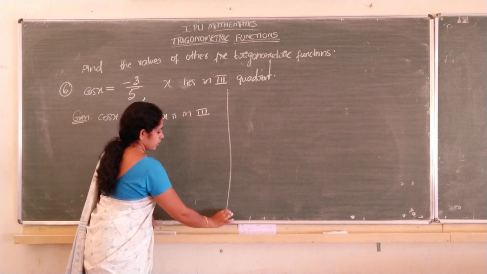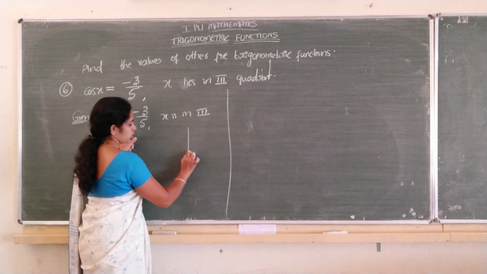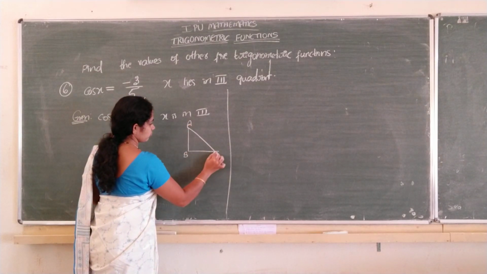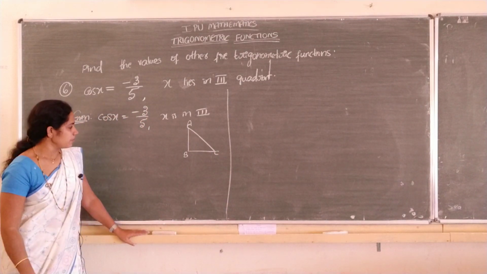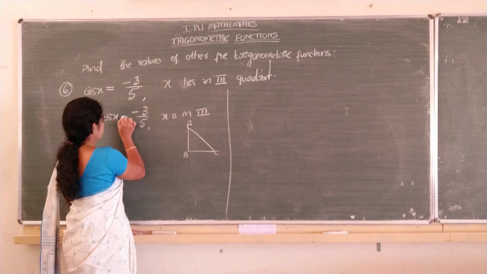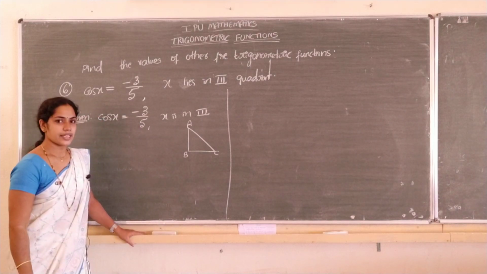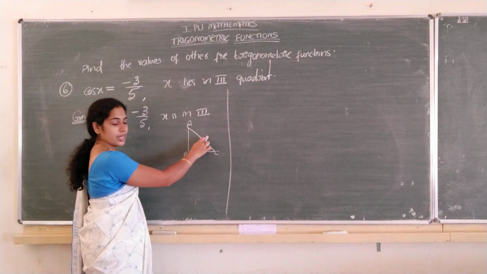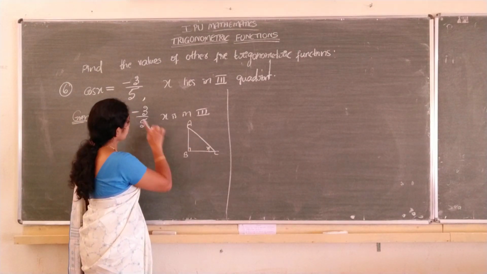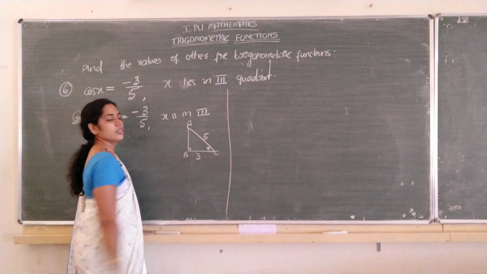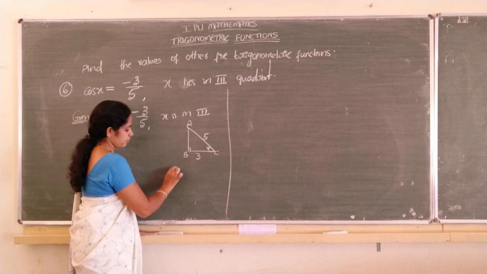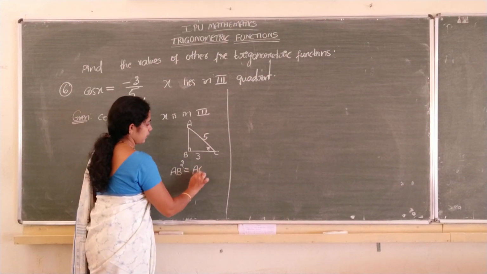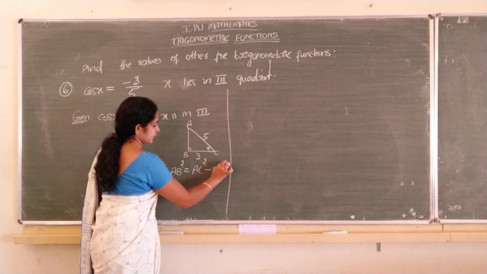Okay, see, let us draw a triangle A B C. Cos x is equal to, how can we define cos x? Cos x is adjacent by hypotenuse, 3 by 5. What is AB square? AB square can be found out by AC square minus BC square.